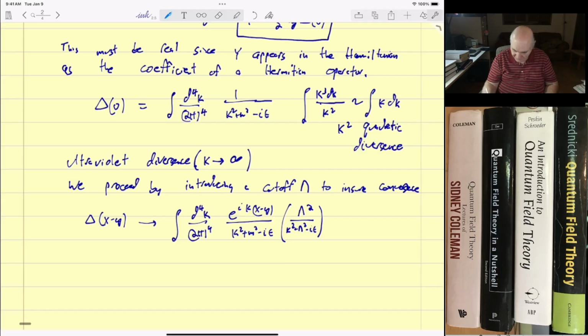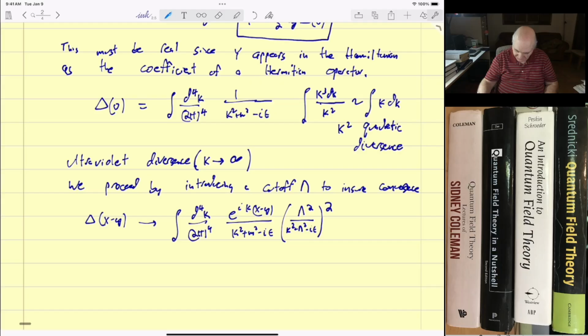So this wouldn't be enough because we have 3 powers of k in the numerator here, and we would have 4 powers of k in the denominator. We would still have a logarithmic divergence, but if we square this, we'll be okay.